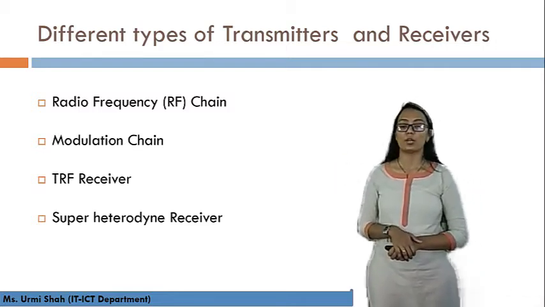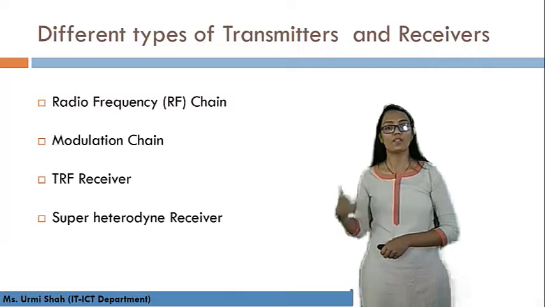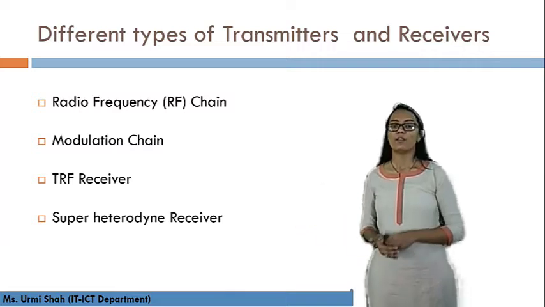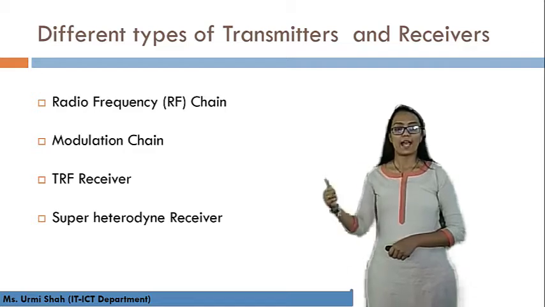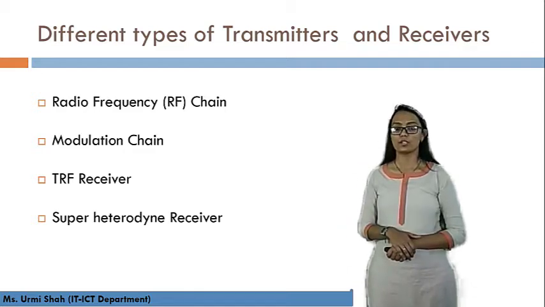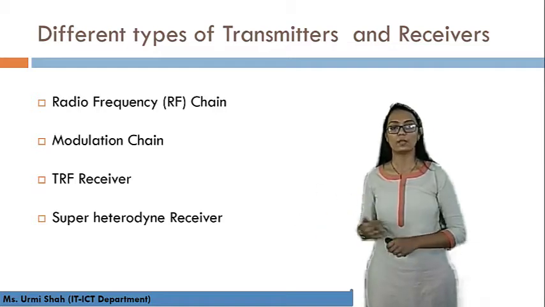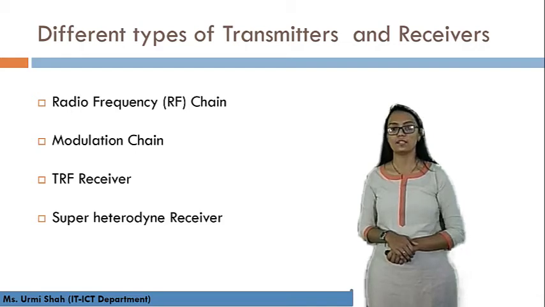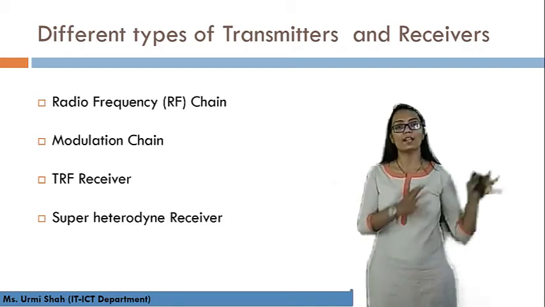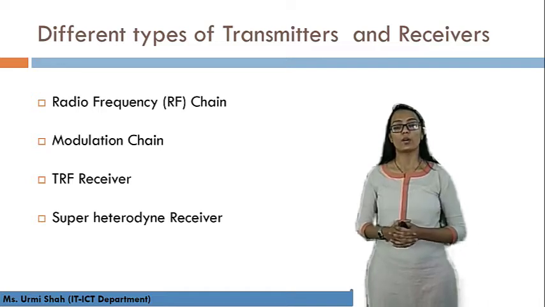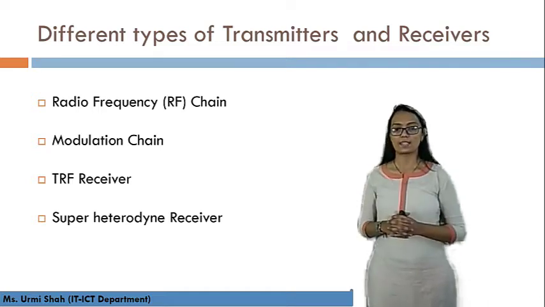Secondly, we have the modulation chain. Now why are we performing modulation? Whenever we have long distance communication, we go towards the modulation of the signal. We convert our message signal by multiplying it with a carrier signal to make it modulated, such that it can be transmitted over longer distances with shorter antenna heights.